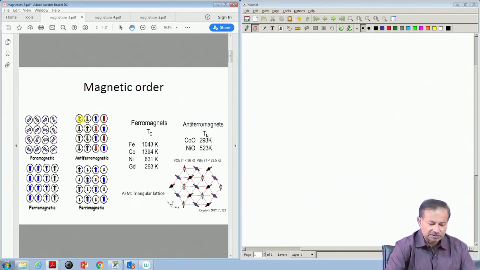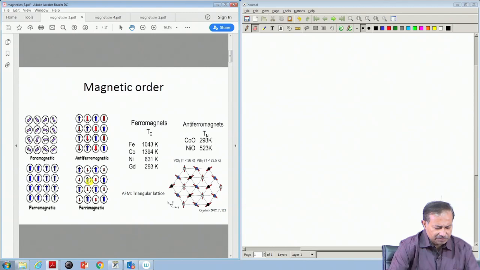If you look at these blue spins, for example, they also form a square lattice rotated with respect to the original lattice, and the red spins also form a square lattice, again rotated. So, the original lattice is actually a sum of two interpenetrating square lattices. In such lattices every up spin will have all its neighbors down spin and vice versa.